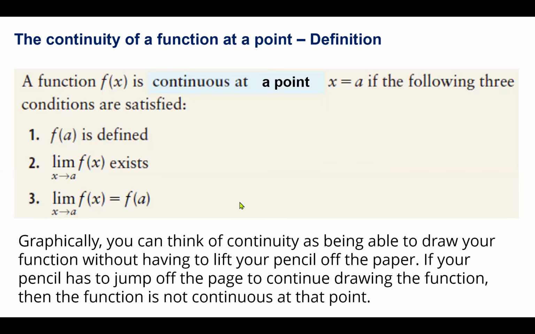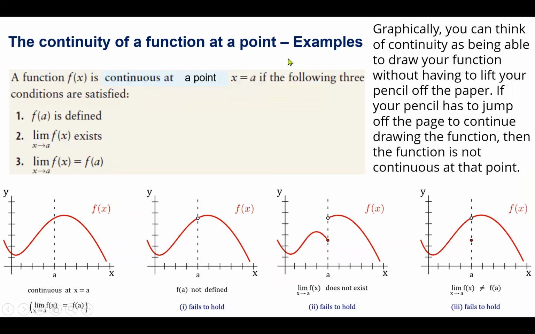Okay, so next, let's have a look at a concrete example here. The following four graphs show whether this function is continuous at a specific point x equals a. First, let's have a look at the first graph on the bottom left. On this graph, first of all, f(a) is defined, right?